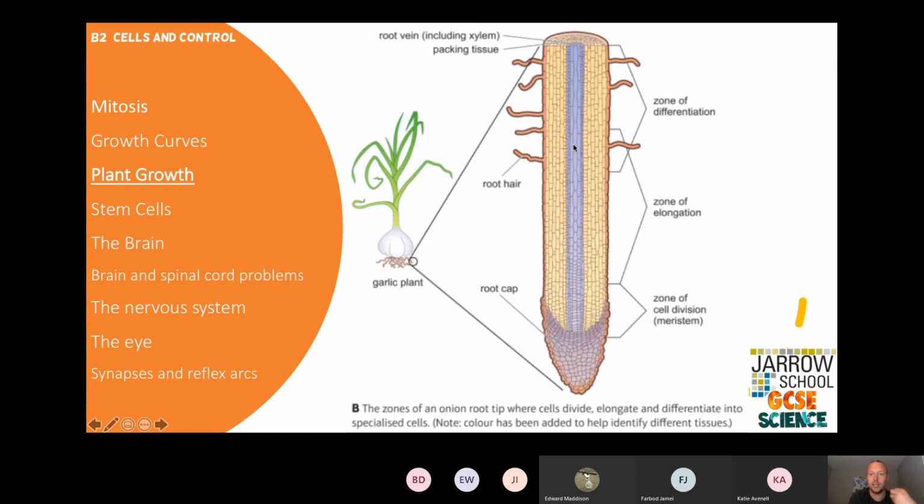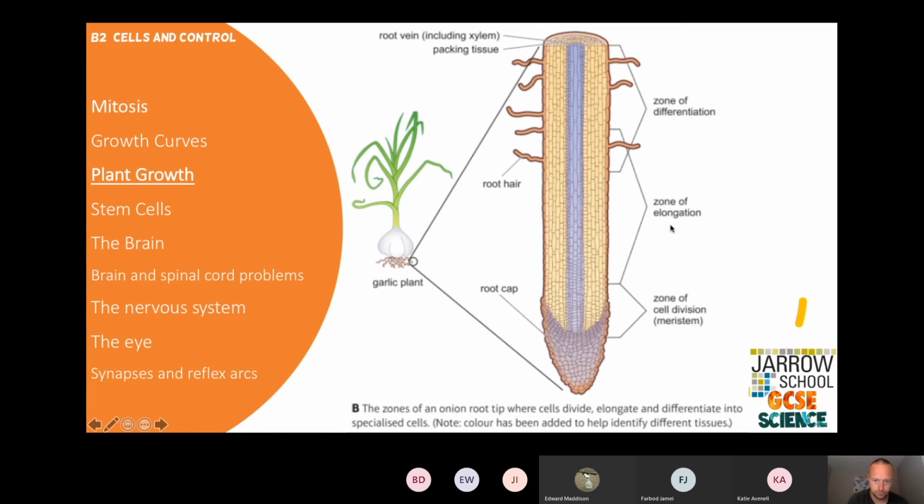So they are differentiating into xylem cells there. They're differentiating into root hair cells here. So they are turning into different cell types. And in the shoots, they'll be turning into xylem cells, but also palisade cells, which are there to capture sunlight. So in differentiation, the cells are turning from one cell type and becoming the cell type that they will be for the rest of their life.